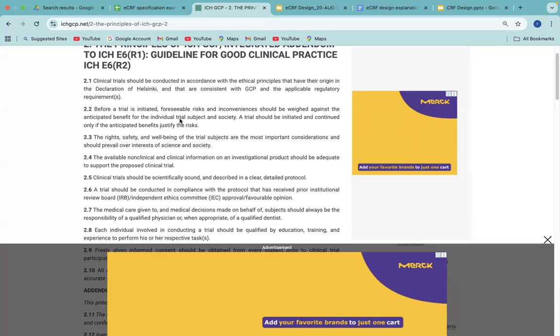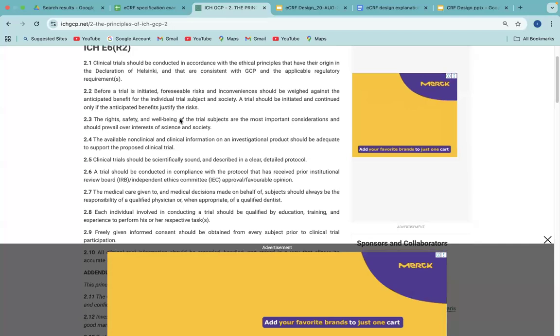And clinical trials should be scientifically sound, described in a clear detailed protocol. That's what I was telling you all. Any clinical trial that you do, you should always have a clear detailed protocol. The detailed protocol means it should clearly inform about everything in that particular clinical trial.